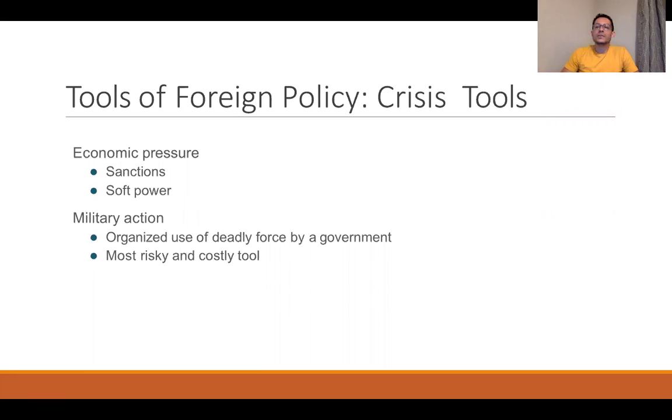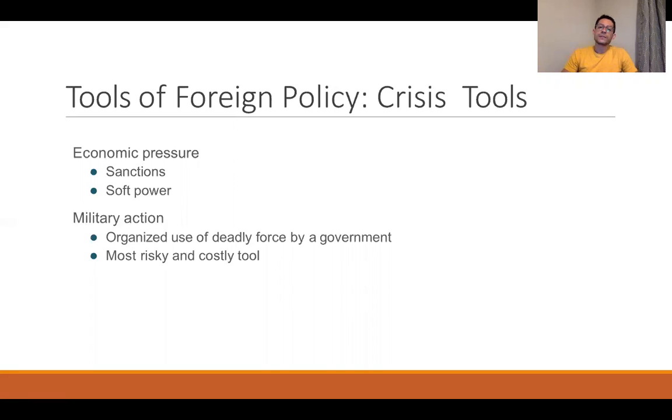So, what are the tools that are primarily used with regard to foreign policy? Well, there are two general categories of tools. One is economic pressure. And it can be done through the mechanism of economic sanctions, which is to prevent individuals or organizations to engage in some sort of economic activity with the country.